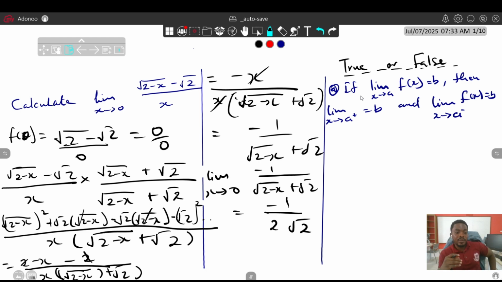This statement is very true. From previous examples, we realize that if the limit of a function exists, then the left-hand limit is equal to the right-hand limit. So this statement is true, right? All right. So let's look at a few other examples.